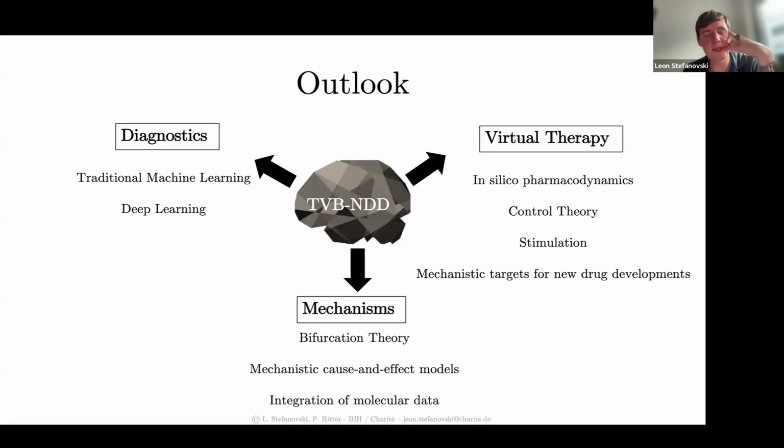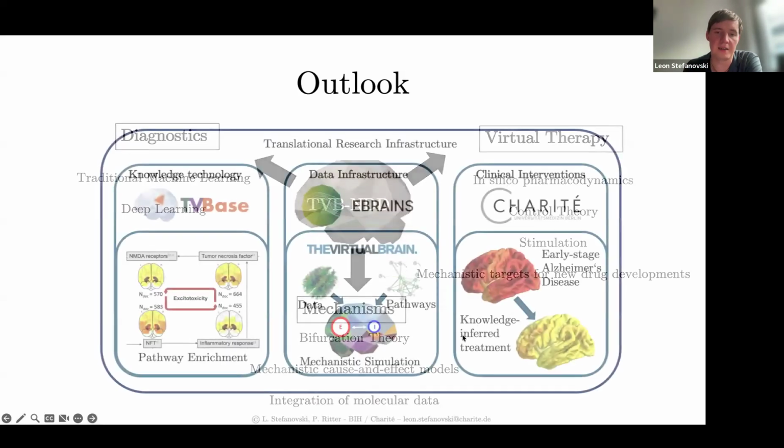Treatments can be explored by in silico pharmacodynamic explorations, by improving stimulations, finding new targets for new drugs, but also by things like control theory, like how to calculate how we have to modulate a system to bring it into a different state. And they're all linked by mechanisms that we can understand by bifurcation theory, by clearly outlining cause and effect models, and by closely staying in touch with molecular data.